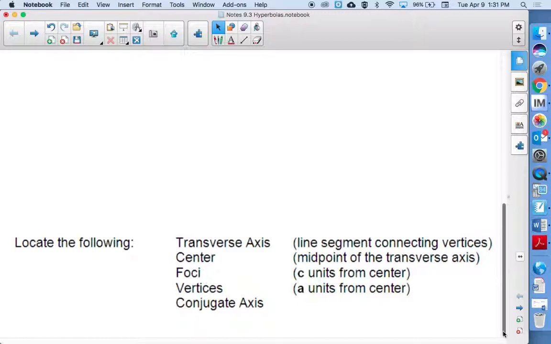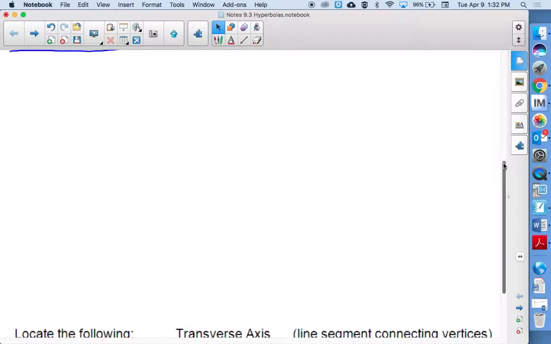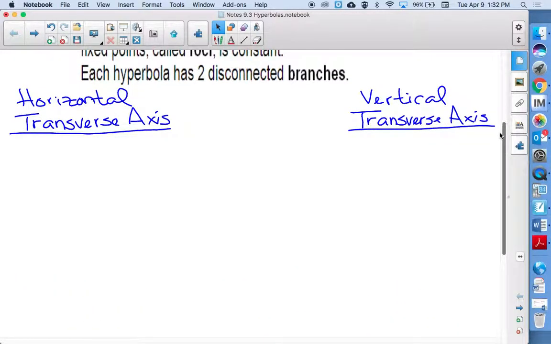It's also the segment connecting the foci. So the center is the midpoint of the transverse axis. So we have this axis, which is that important axis where everything lies, and that is going horizontally. So I'm going to make just a horizontal dotted line here. Everything is going to lie on this transverse axis, almost like that line of symmetry that cuts through the graph.